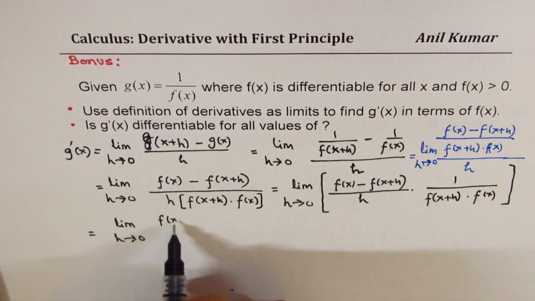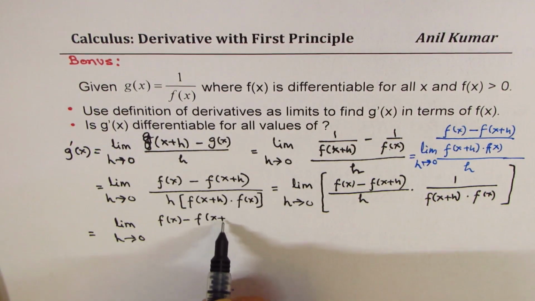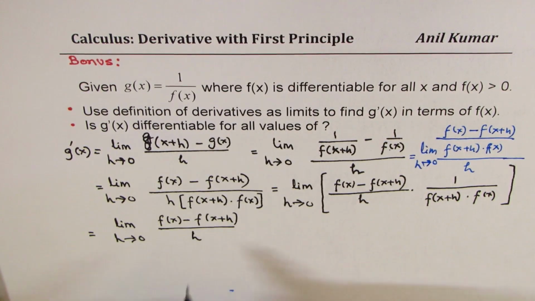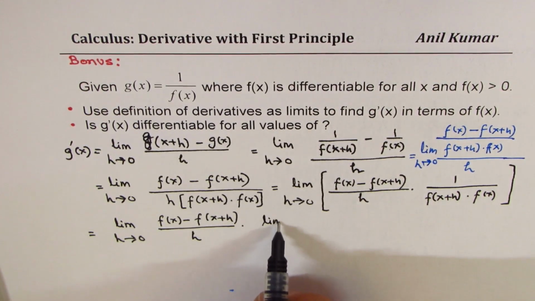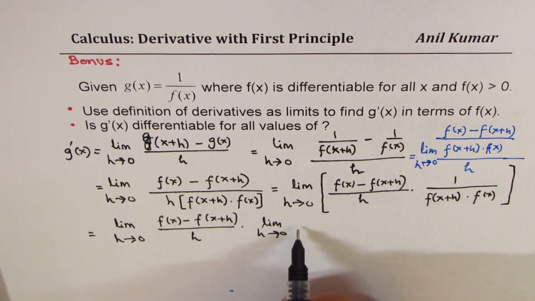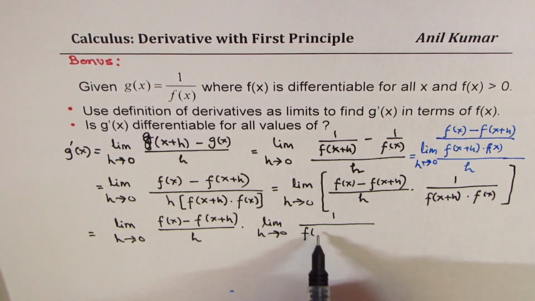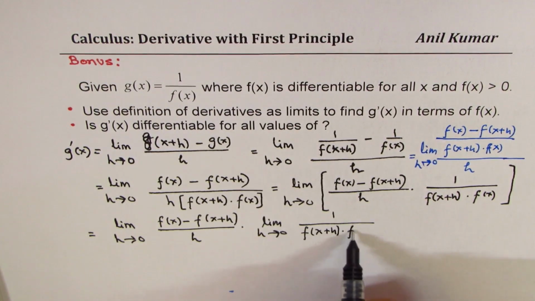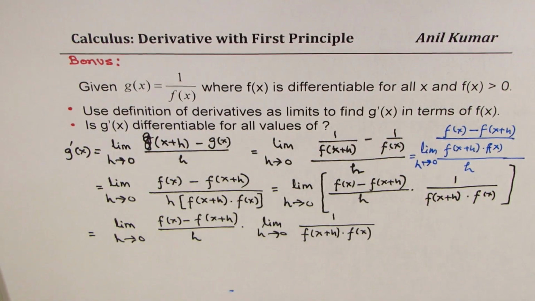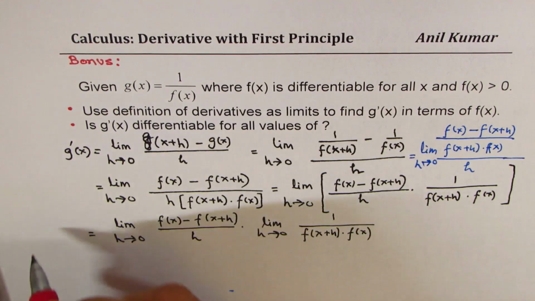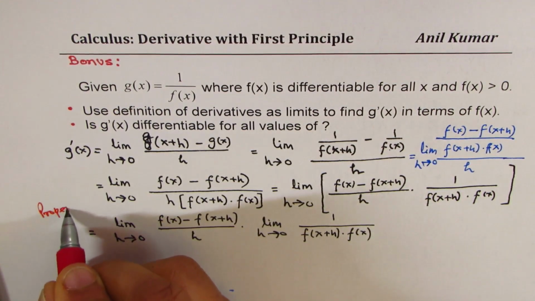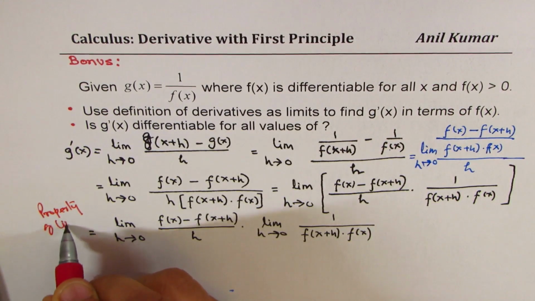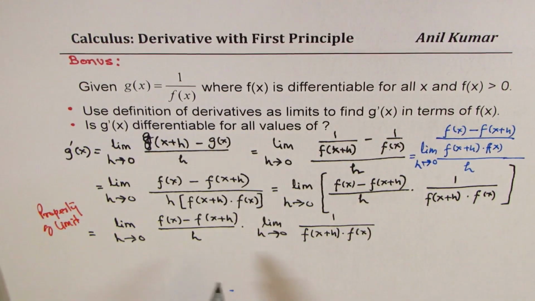We write f of x minus f of x plus h over h, times the limit as h approaches 0 of this part, which is 1 over f of x plus h times f of x. Is it okay? So I've used properties of limits here. Correct? Now I'm just going to interchange the terms with a negative sign. Perfect?